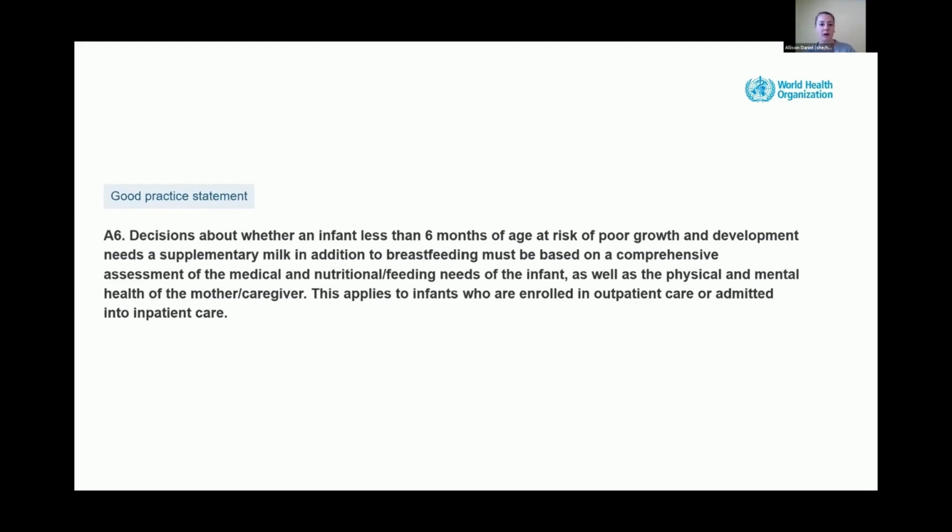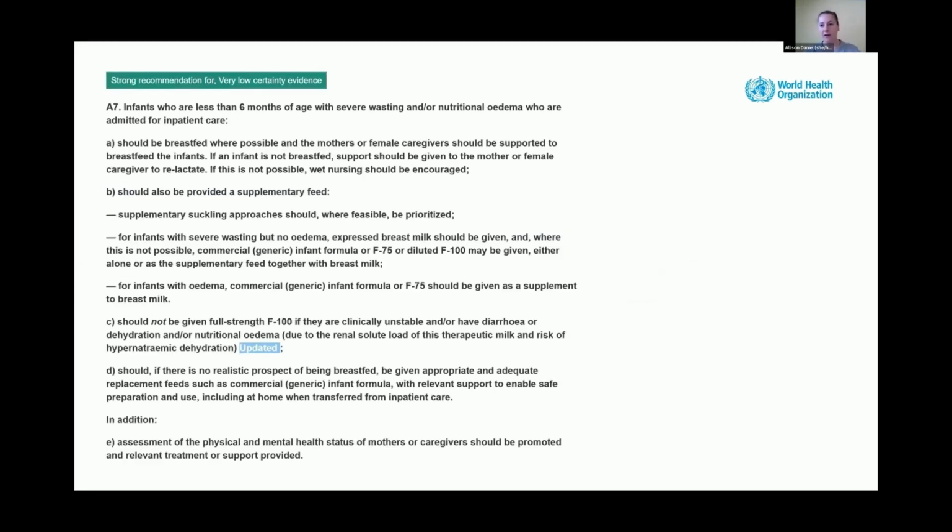And this applies to infants who are enrolled in outpatient care or admitted into inpatient care. We also updated this recommendation from the 2013 guideline, and you can see part C there where it says updated, and that was the specific part of the recommendation where we found some new evidence to change this recommendation slightly.